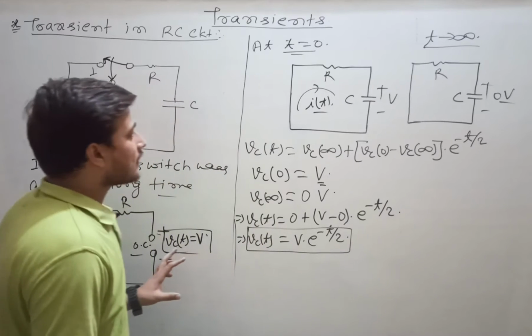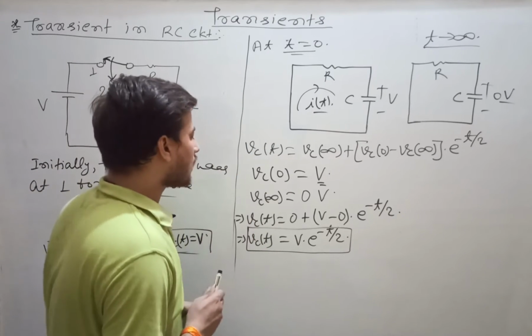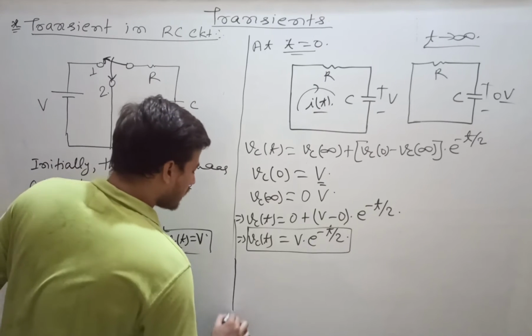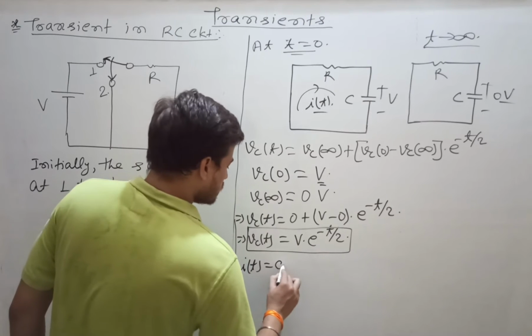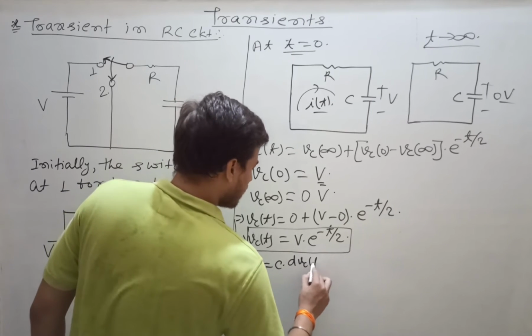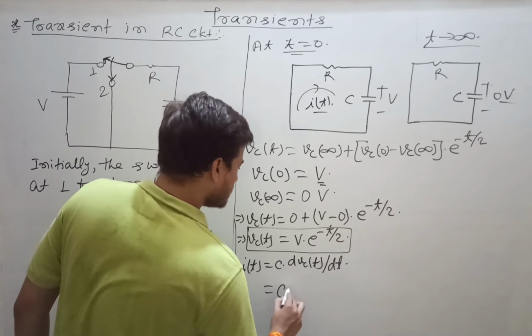Now we have to write the expression for current i(t). You know current i(t) will be equal to C dVc(t)/dt.